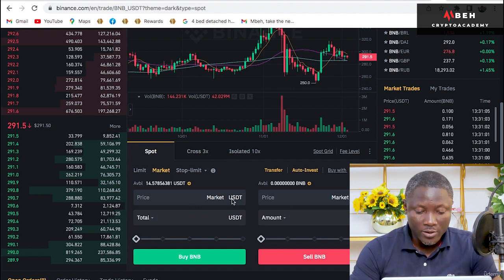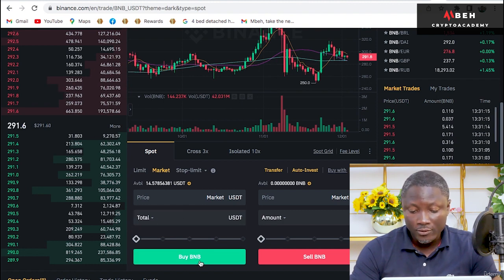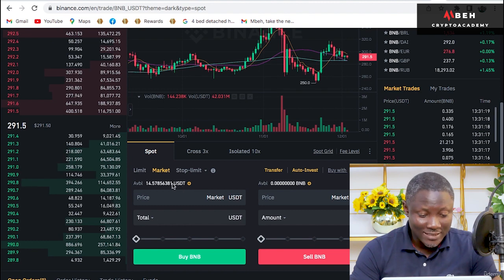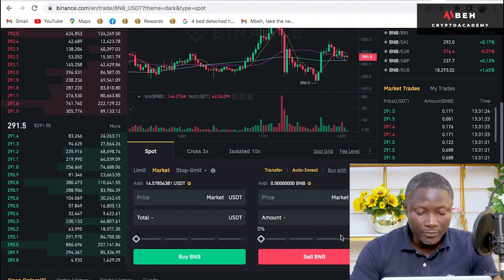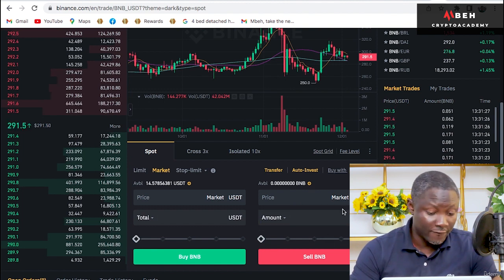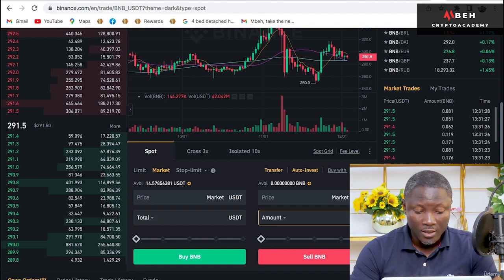You put the amount here, click on market price and the value will come here, and I'll buy. If I have BNB, I want to get USDT, I'll just click and buy from here. Also, if I have USDT and I need BNB, that is how I'll come here and convert.